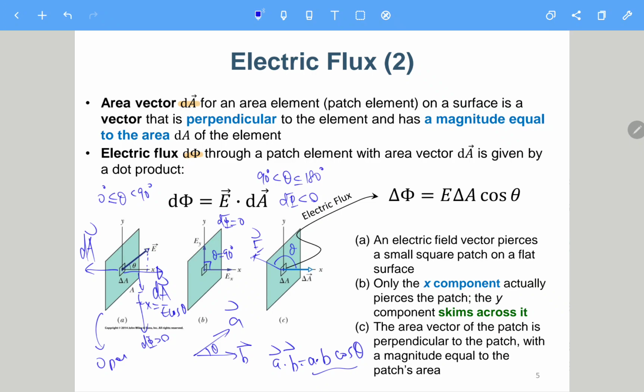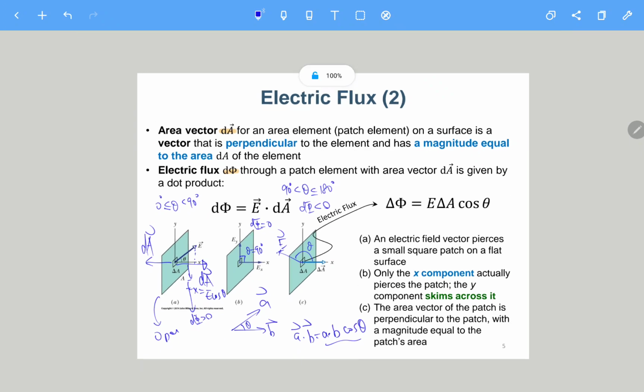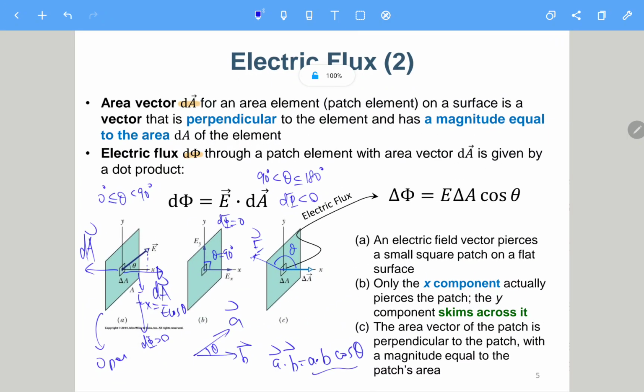So if you can accept this definition, d phi equals E dot dA, then we can go to the next step. Here we just assume that this is a very small area. Even though for a large curvature it is not a plane, we can still cut it into very small pieces.